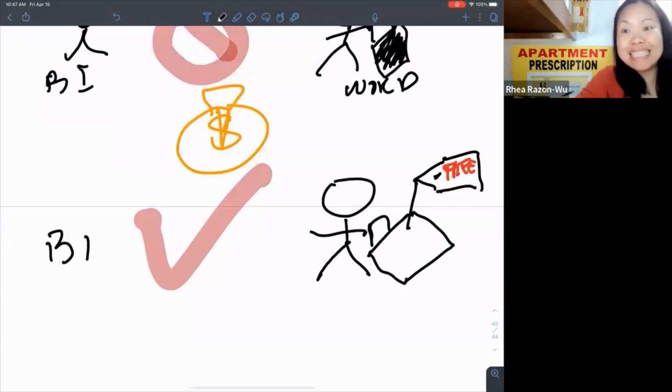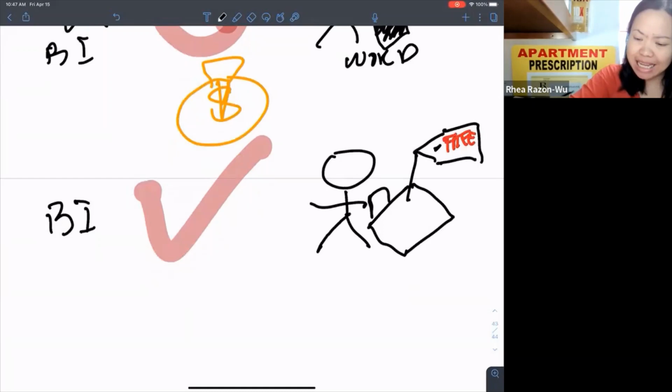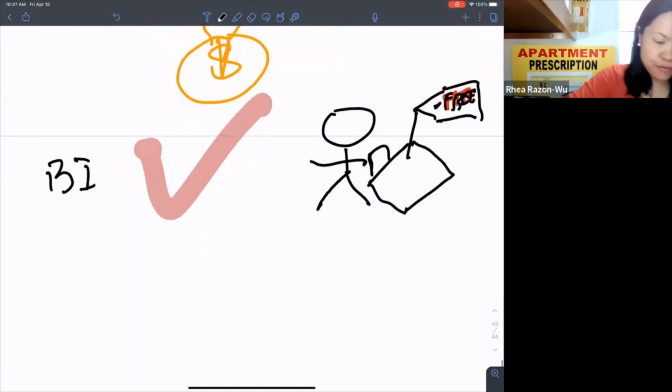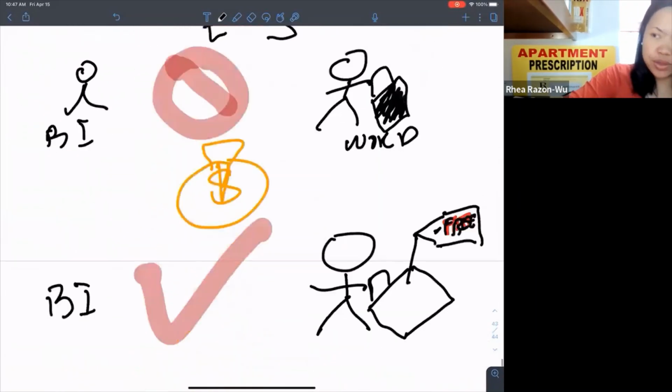Instead, the big business and the investors, they work for free. Believe it or not, they work for free. That's the fourth.